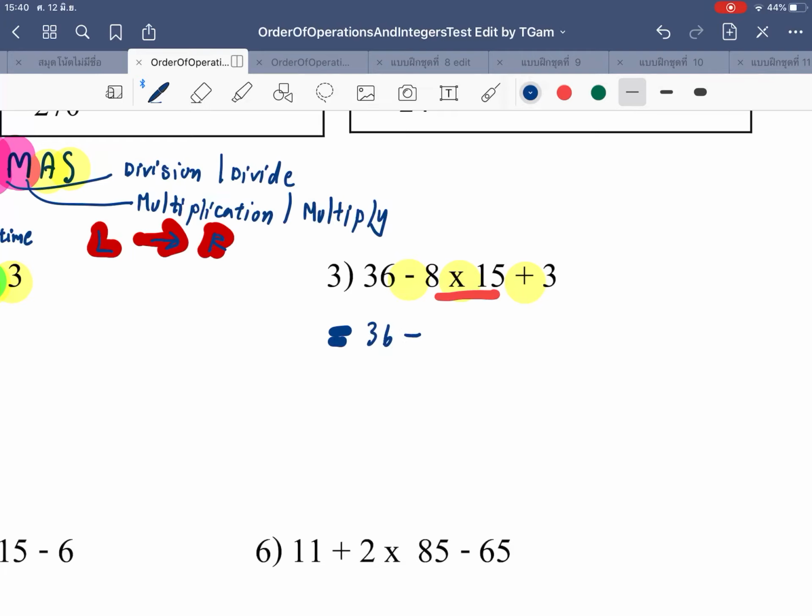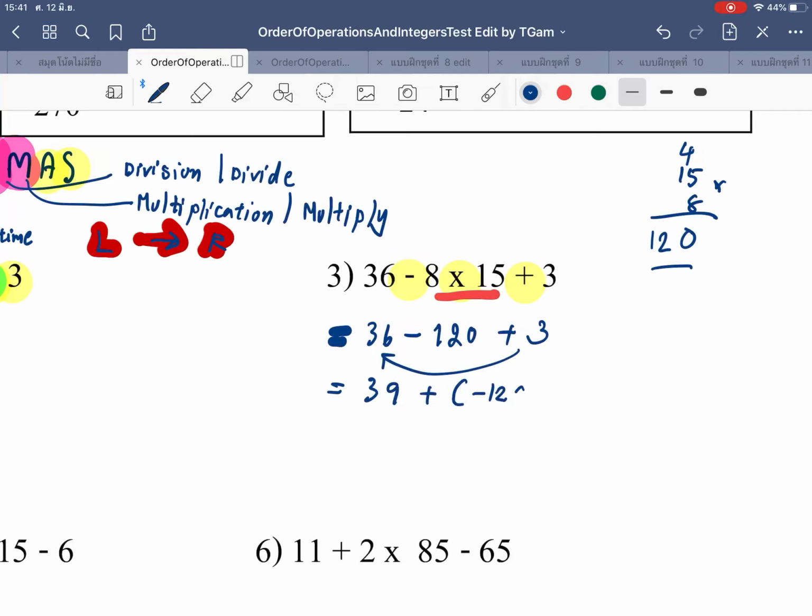We have 36 minus 15 times 8. 8 times 5 is 40. 8 times 1 is 8, add 4 is 120. So minus 120 add 3. Then this can be added up here first: 39 add negative 120.